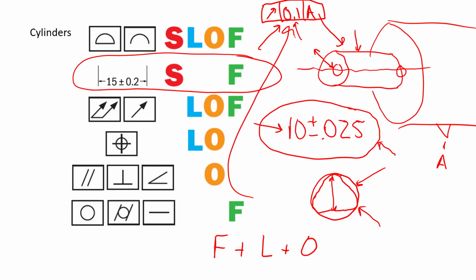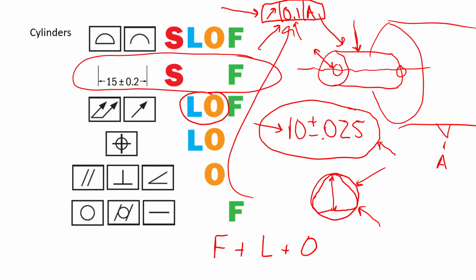But in terms of absolute limits and what we're actually controlling here, if this, let's say, was a perfectly round cylinder, this runout control would be essentially a position control of 0.1 and would only be controlling the location and orientation.